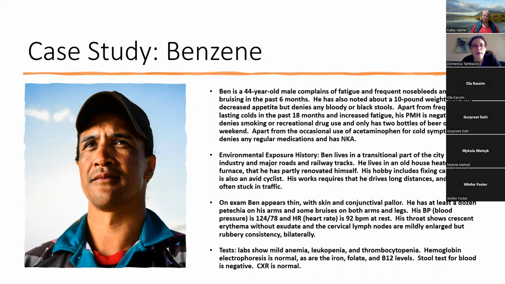Okay, so here we have a case study. It's a fictitious case study, but I came up with it based on some of the snippets of information that we know about benzene. So here we have Ben. He's a 44-year-old male who complains of fatigue and frequent nosebleeds, as well as easy bruising in the past 6 months.